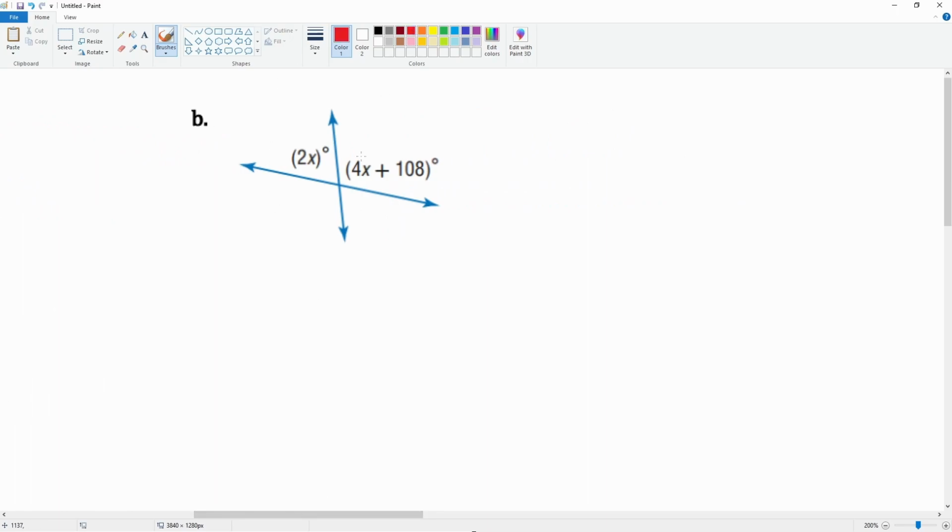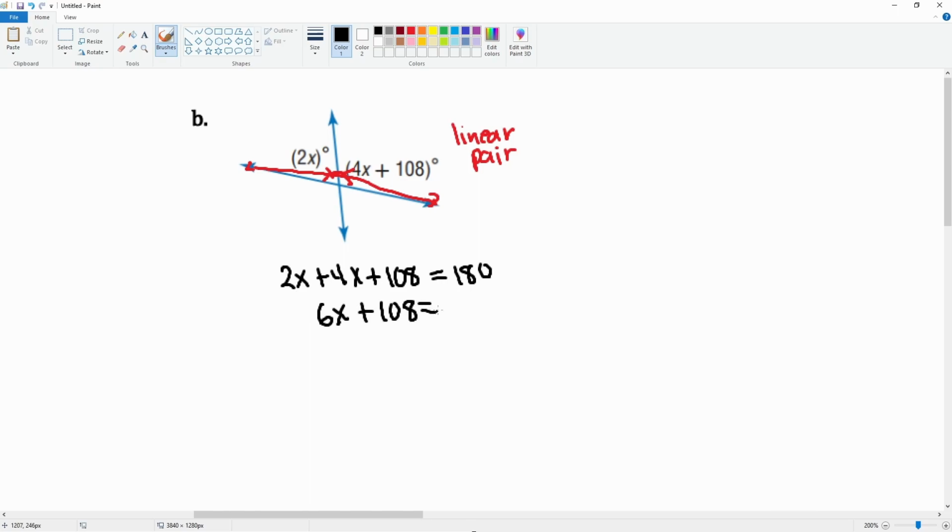Here, these two angles are not reflections of each other. They make this line, so we call this a linear pair. Since they're a linear pair, we can add them up and set them equal to 180 degrees. 2x plus 4x plus 108 has to equal 180 degrees. 2x plus 4x is 6x, plus 108 is equal to 180.